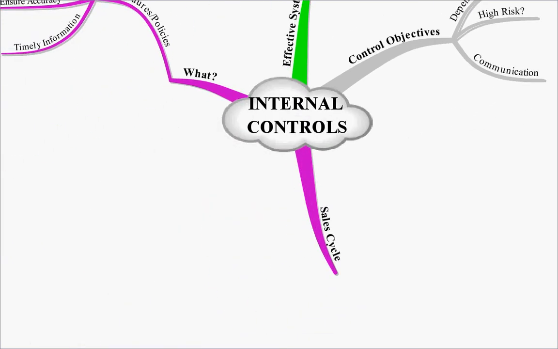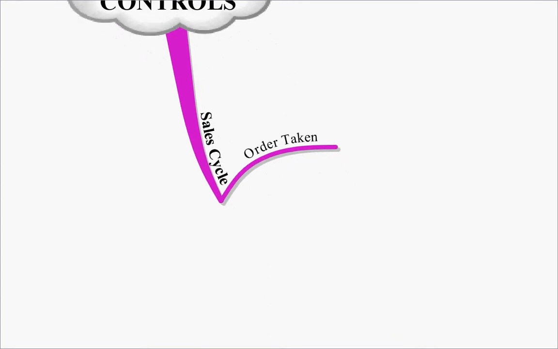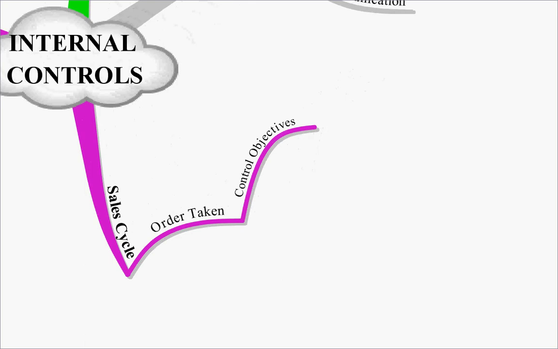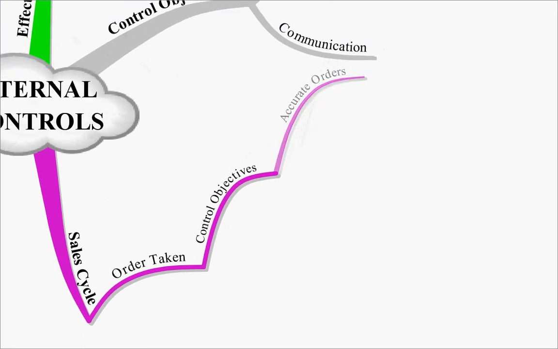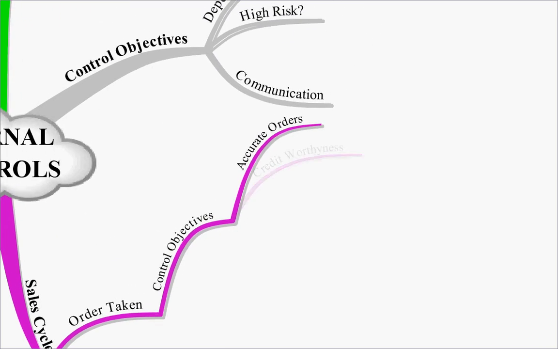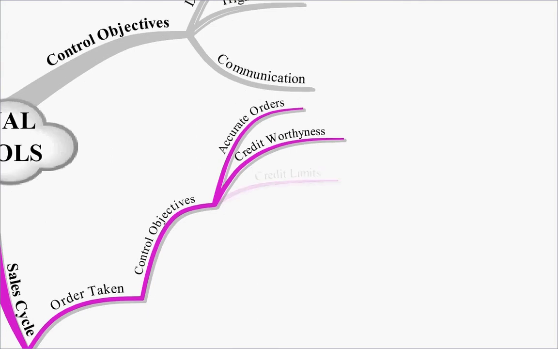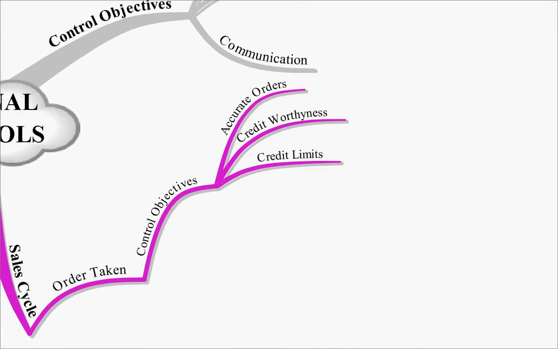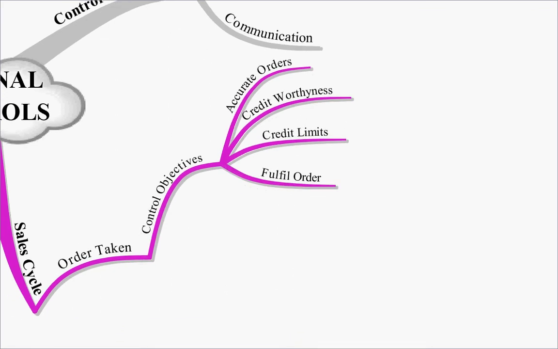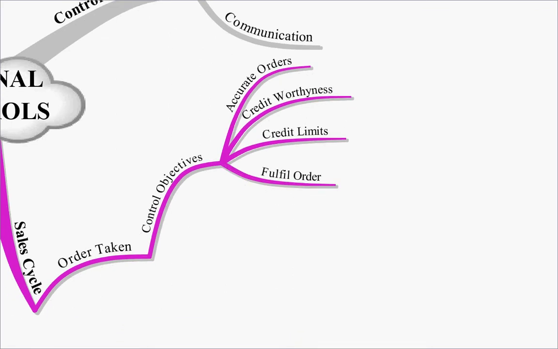Okay, so the first step in the sales cycle is that the order is taken from the customer. The control objectives at this stage: you want to have accurate orders, you want to make sure that all your customers are creditworthy, you want to ensure that credit limits are adhered to, and you want to make sure that the order can be fulfilled.